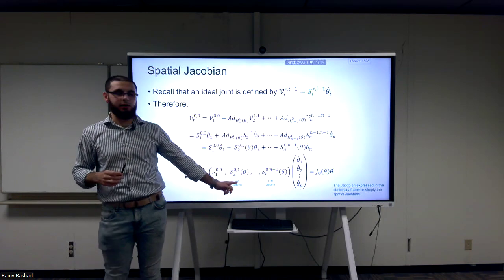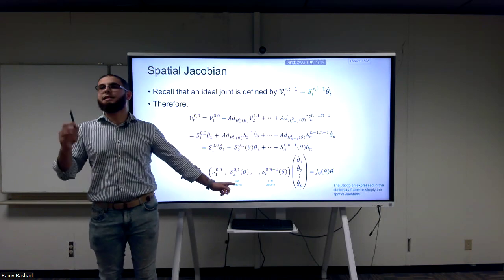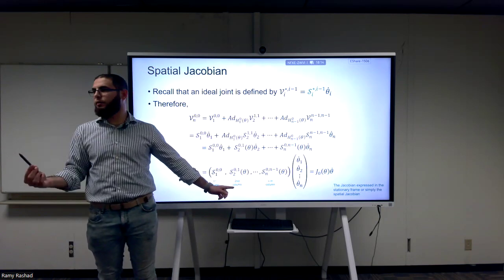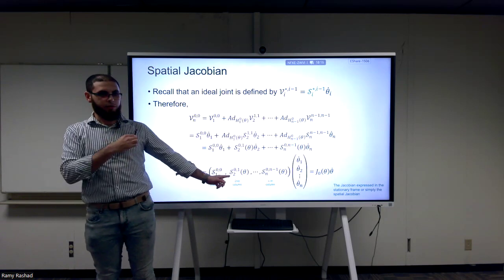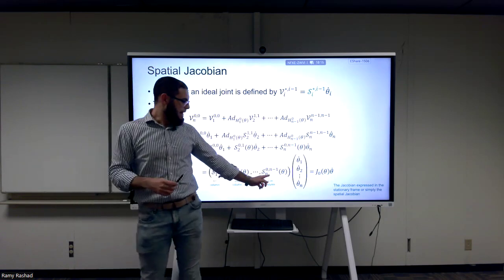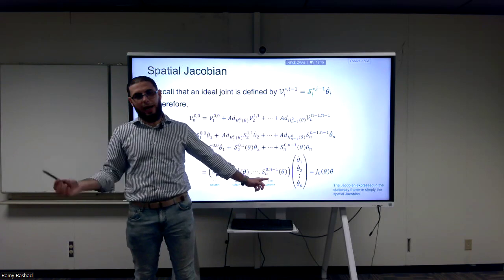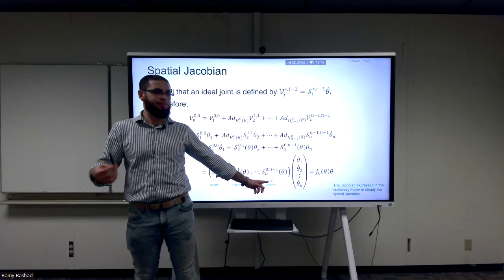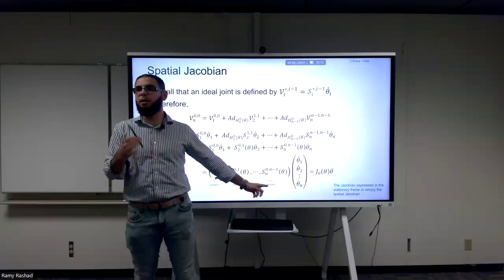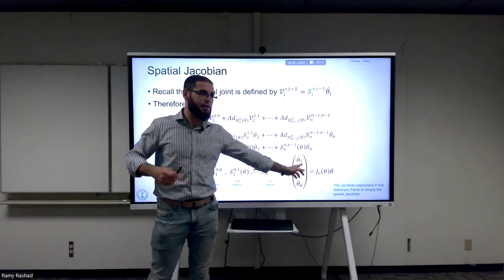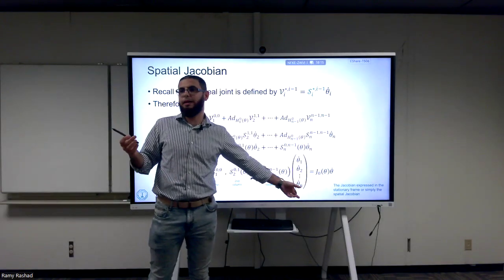What about the second column? It's the screw axis of the second joint expressed in the 0 frame. The nth column is the screw axis of the nth joint expressed in the 0 frame. It has an extremely physical meaning. And then you multiply by theta 1 dot and theta 2 dot and theta 3 dot. Makes sense.